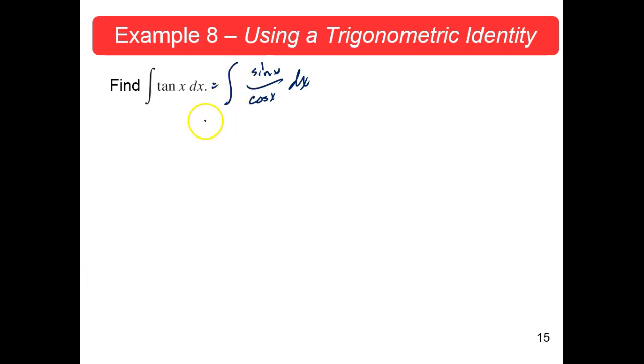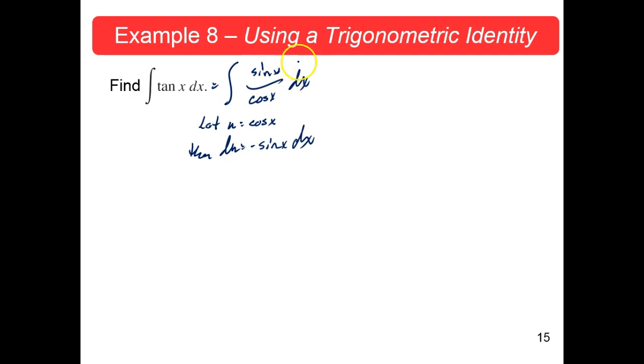What would be your next step? Let u equal what? Yes, the most complicated part would be the denominator. Cosine x. Then du is equal to negative sine x dx. Perfect.